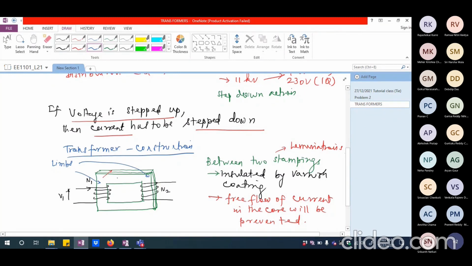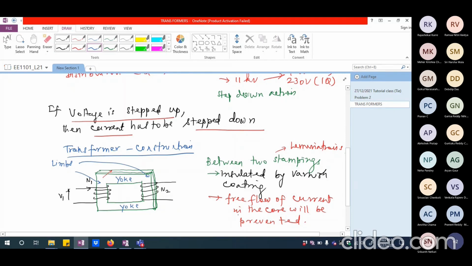And these two portions, the horizontal portions, are generally called as yoke. So this is known as yoke, and these vertical portions are called as limbs.